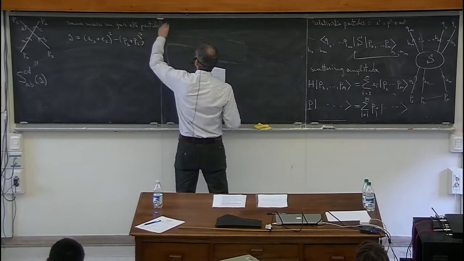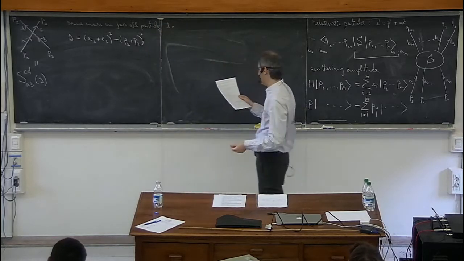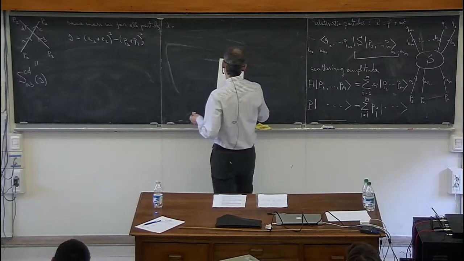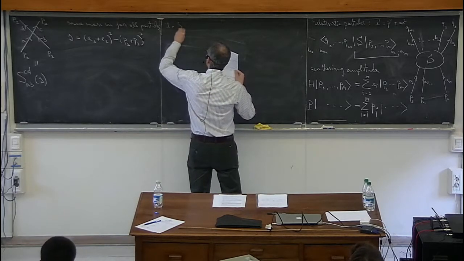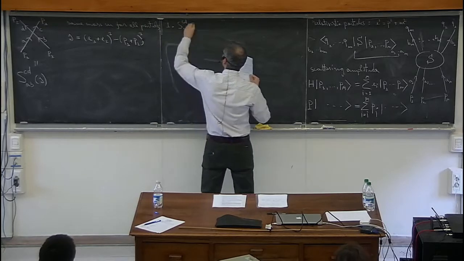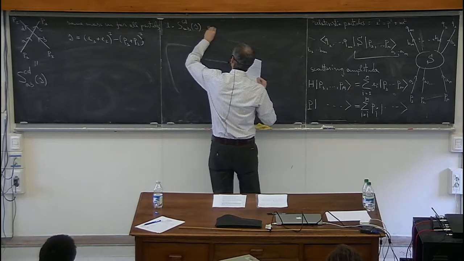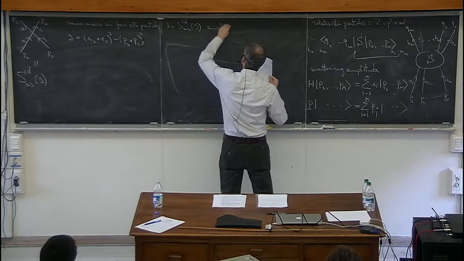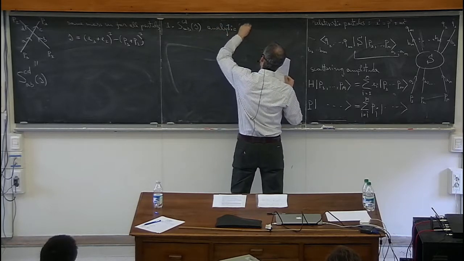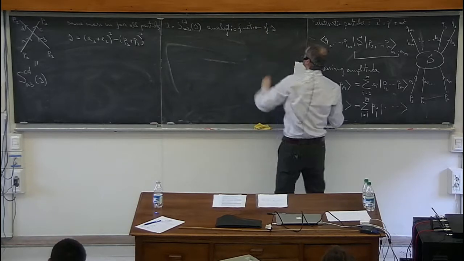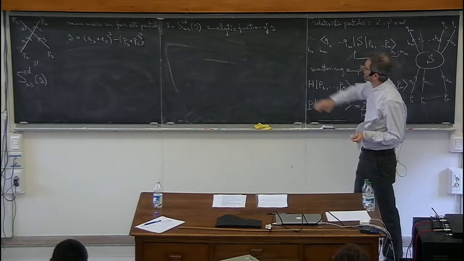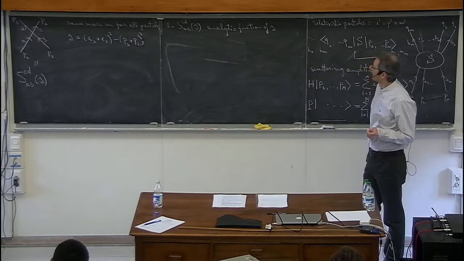So, the first property is that the amplitude, S_ABCD of S, is an analytic function of S, considered formally as a complex variable.